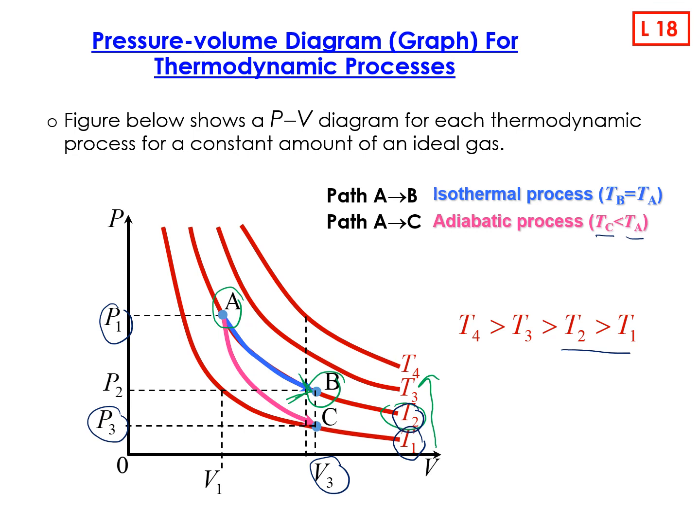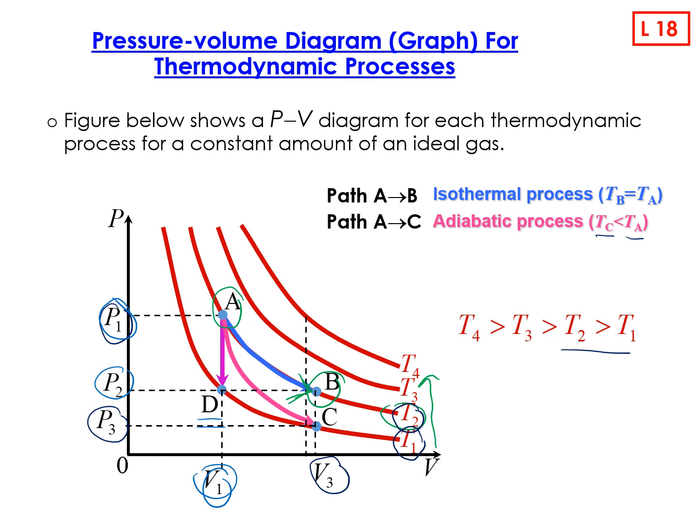Okay, so we continue with the next process. Now we have A to D. Point A is at P1 and V1, and point D is at P2 and also V1. So what is the constant physical quantity here? The volume, isn't it?